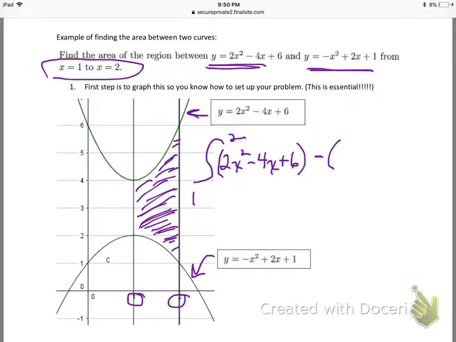This is to ensure that you distribute your negatives correctly. So the second function, which is the bottom function, is going to be negative x squared plus 2x plus 1. All right. Because these are all written in terms of x, I'm going to put dx at the end. Now, let's see if we can clean this up.